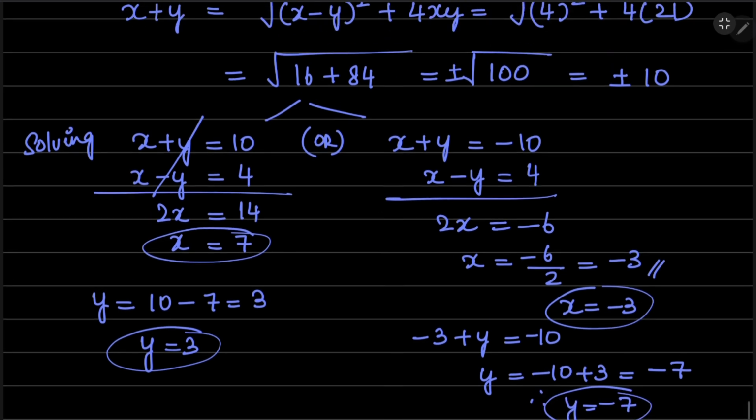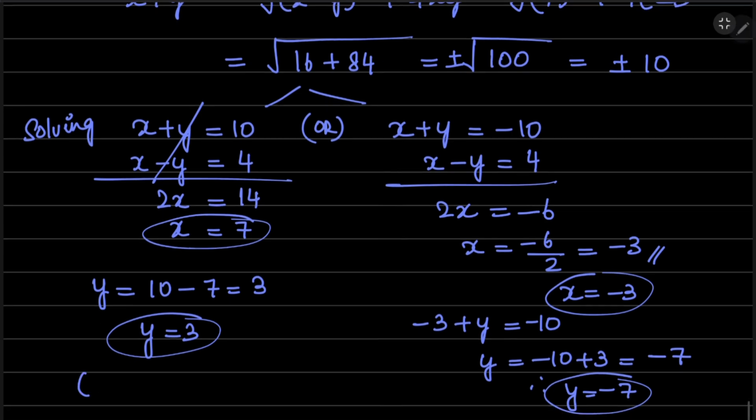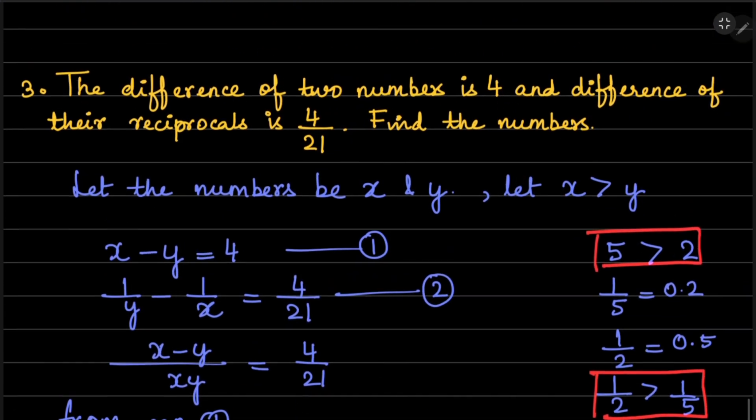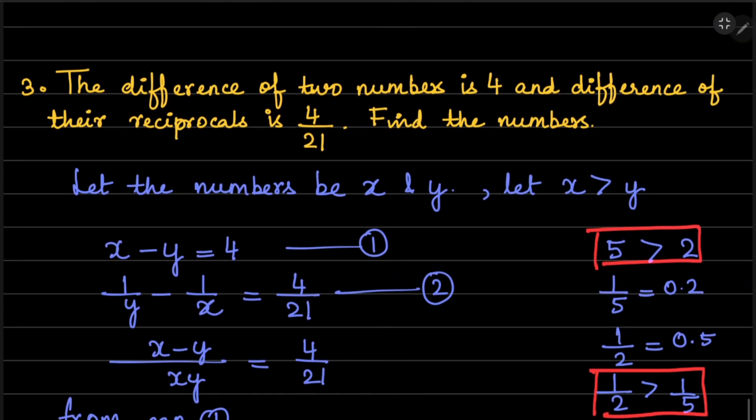Okay, so what are the solutions here? One of the solutions is 7, 3, and the other solution is nothing but minus 3, minus 7. These are the solutions of the given pair of equations. So what is asked here? This is a very, very important question. So do remember, find the numbers.